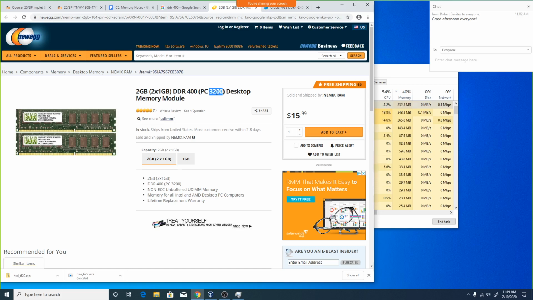So this memory is capable, though not always, different scenarios require or end up with different speeds. You'll see this when we start testing our disks as well. But you can get a maximum throughput on memory like this of 3.2 gigabytes per second, right? That's a lot of transfer.